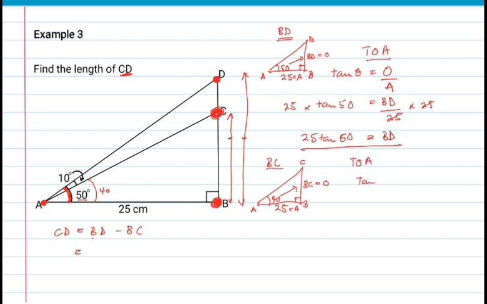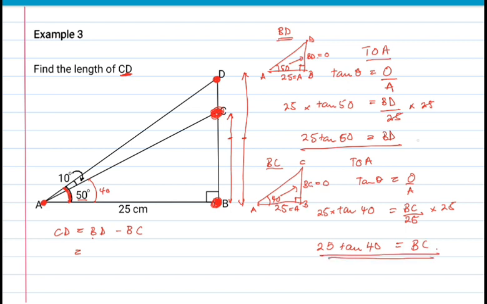Then we have tan theta is equal to opposite over adjacent, so tan of 40 will be equal to our opposite, BC, all over the adjacent, 25. Then we multiply by 25 on both sides. Then we get 25 tan 40 being equal to BC.